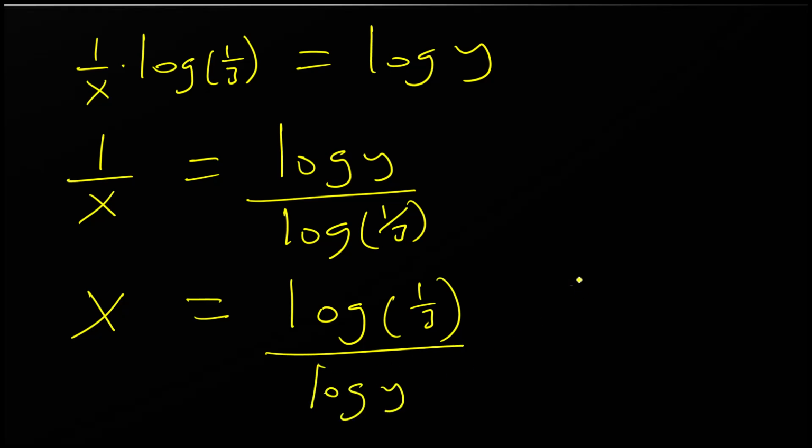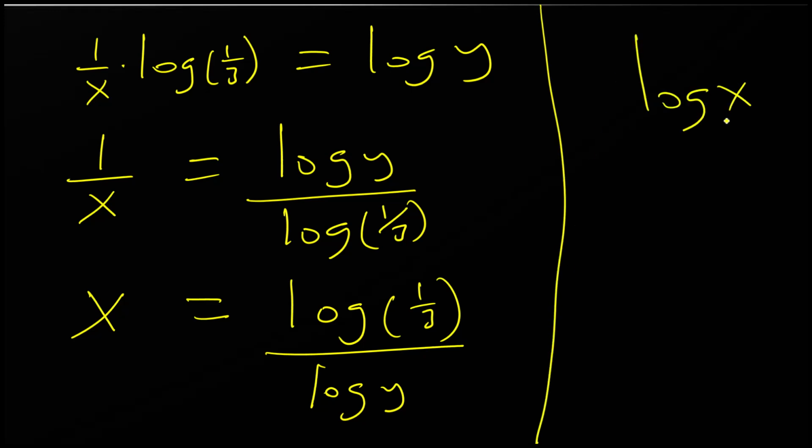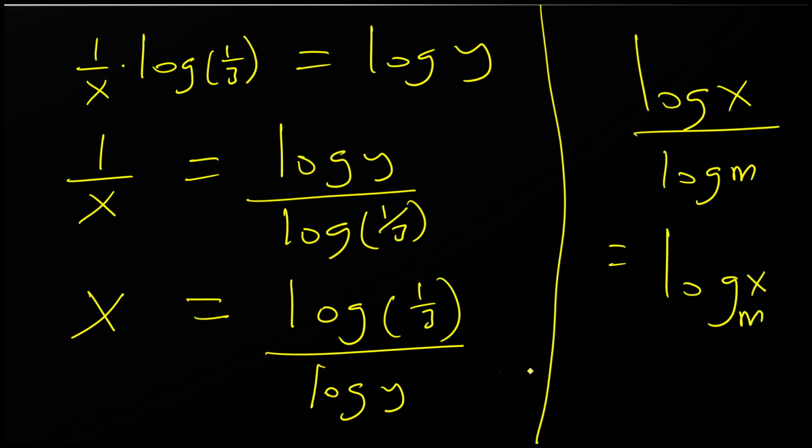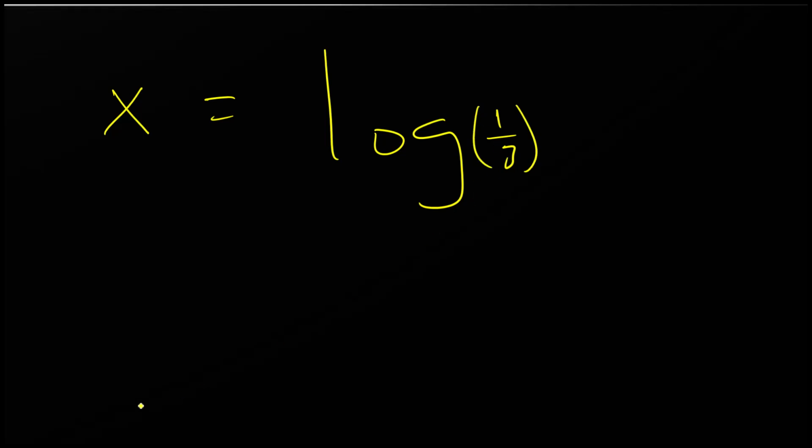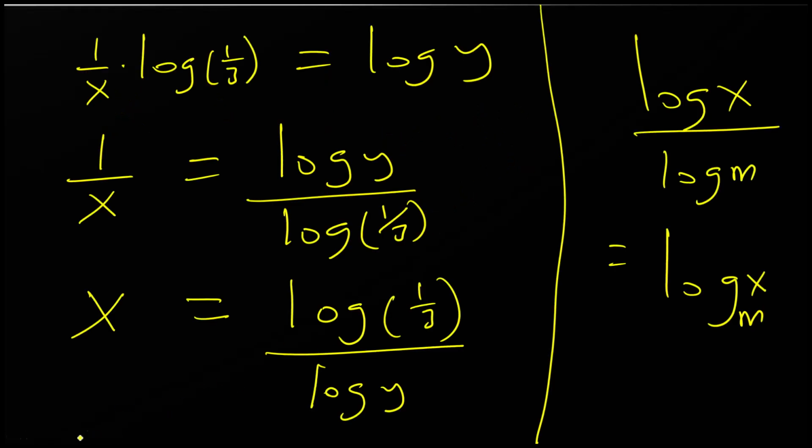Now when you have log x over log m, the same as, with the change of base, the same as log x to base m. So the final answer here will be x equals to log 1 on 3 to base y.